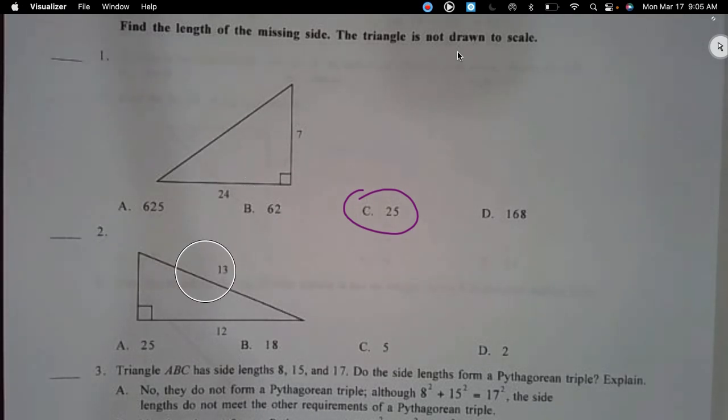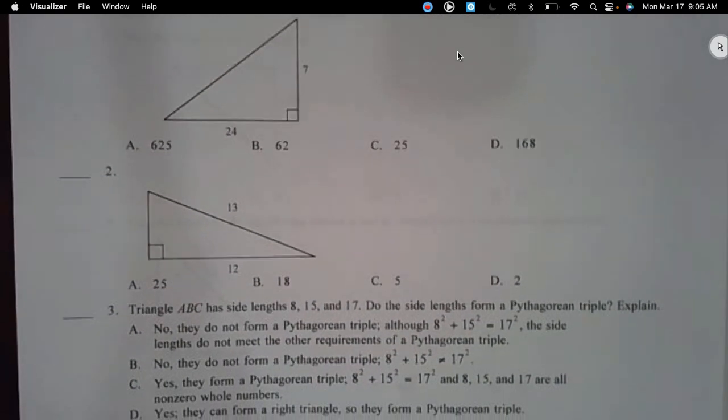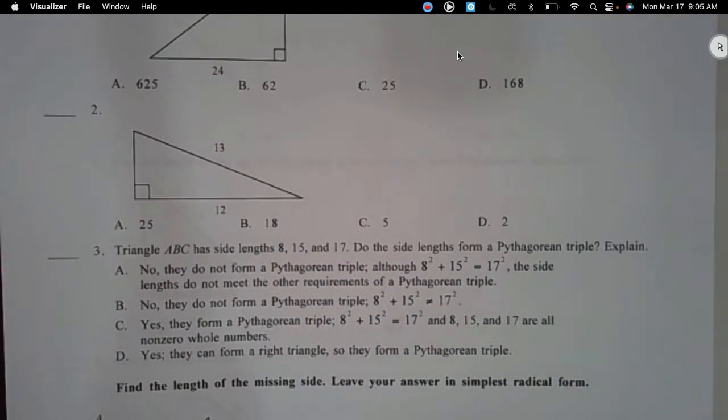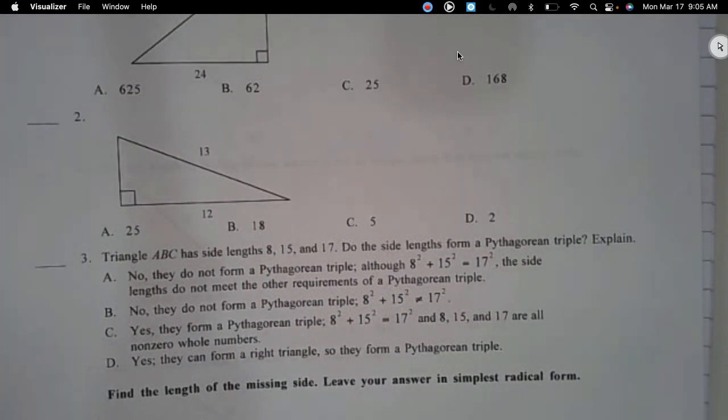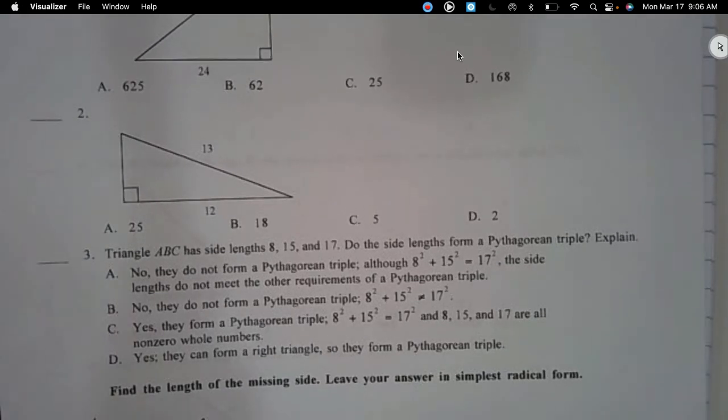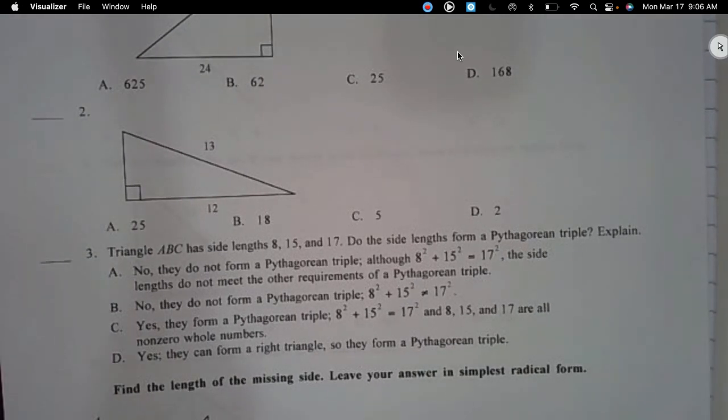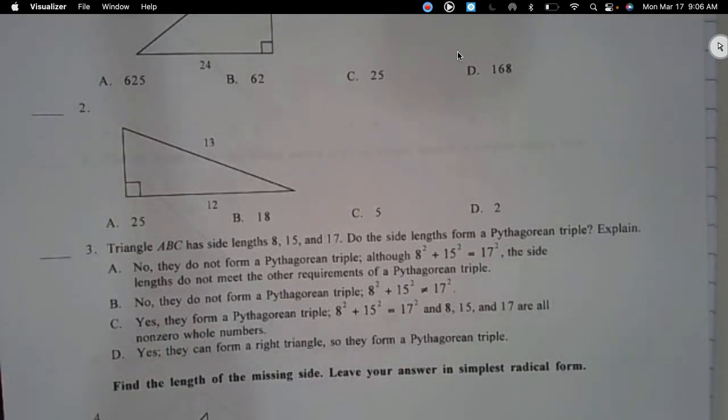Does anybody know what Pythagorean triple number 2 is? If some of you have them memorized, if you take ACT prep, a 3, 4, 5 is common. Also, does anybody know this one? I believe it's a 5, 12, 13. I don't memorize them, but I don't take the ACT, so. Anyway, let's try it.